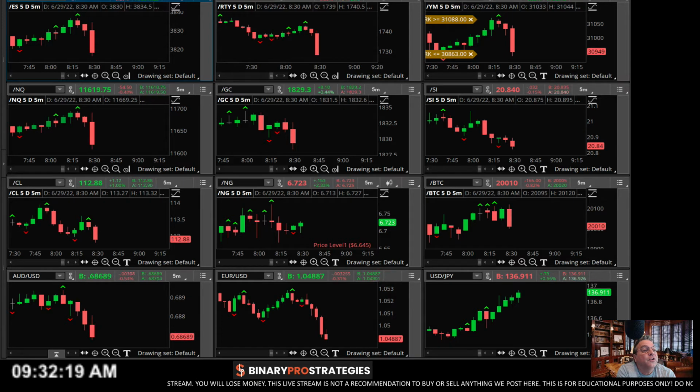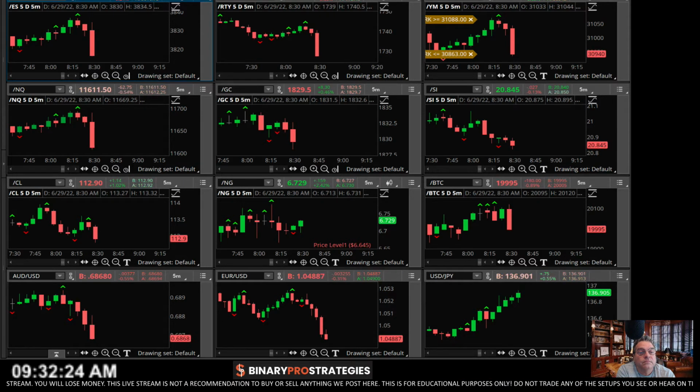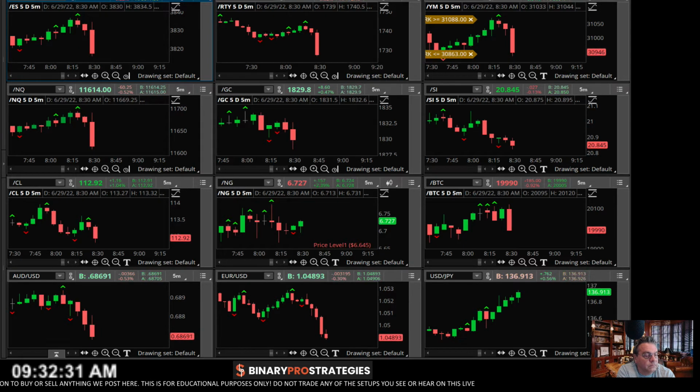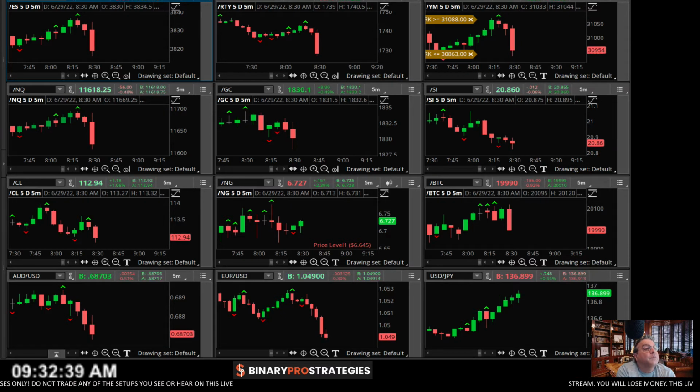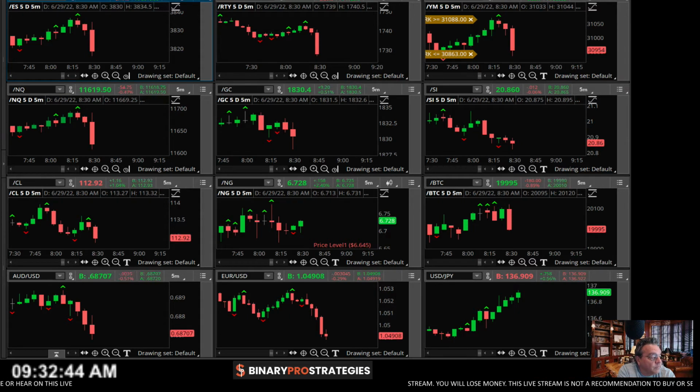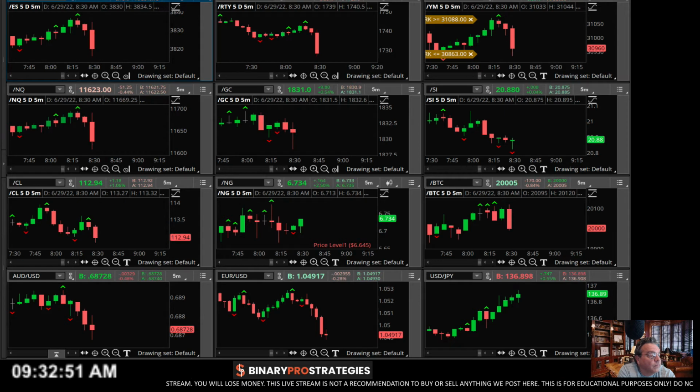NQ, which is your mini NASDAQ, is going short. Target on your mini NASDAQ is going to bring you down to 115.95. That's going to be the profit target.